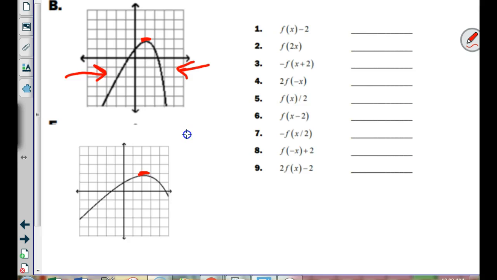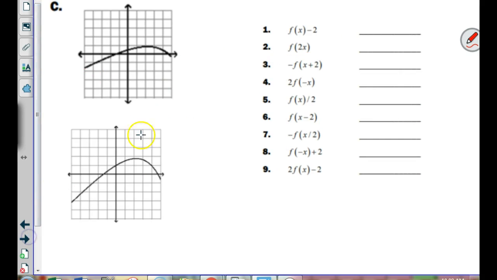On the inside. Okay, so we have, this has got a little bit of an inside change. Okay, which one makes it pinch in? Multiply by something, so number 2, yep. This is a horizontal shrink.